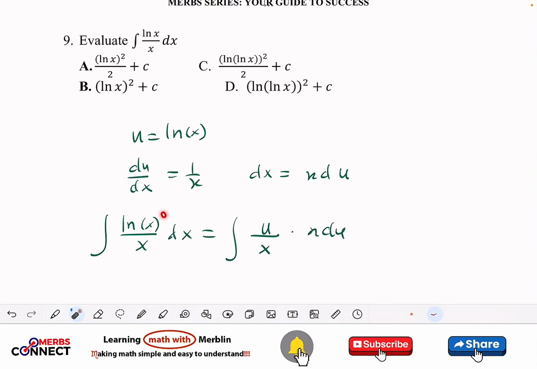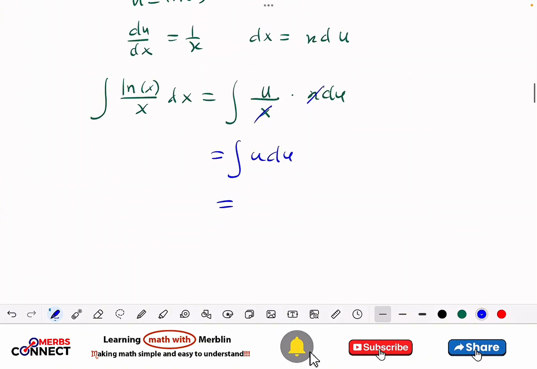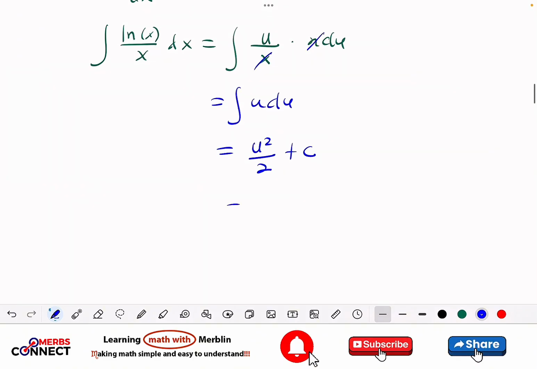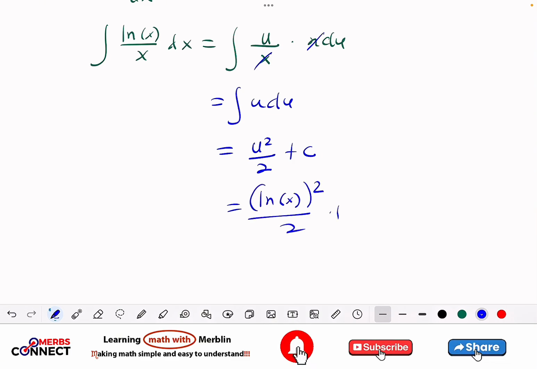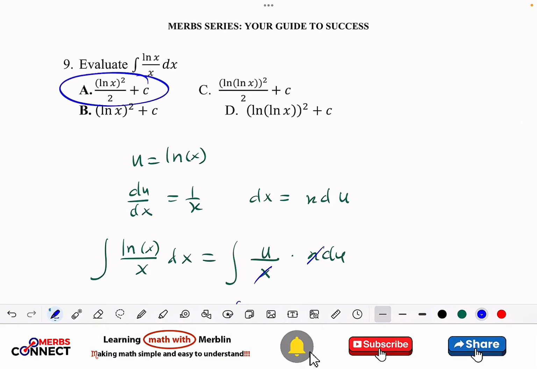This will cancel, and I'm going to have the integration of u du, and when I integrate u, I'm going to have u squared divided by 2 plus c. Now u is the natural log of x, so I'm going to have natural log of x all squared divided by 2 plus c.